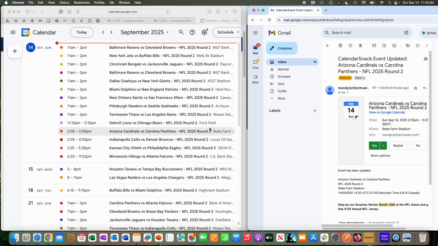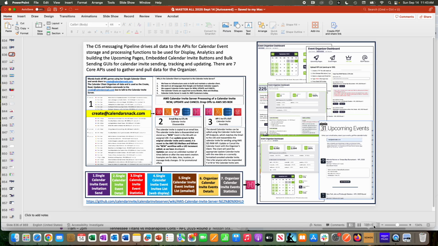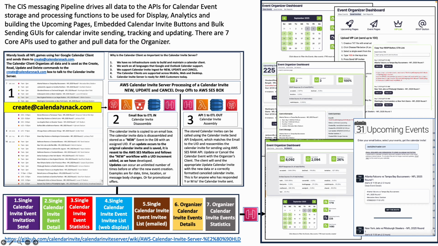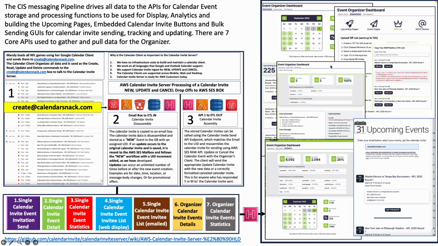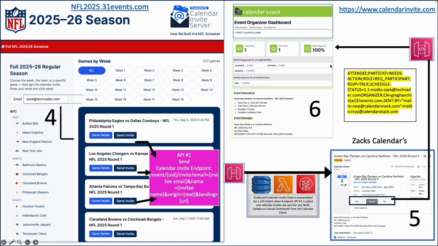And because Mandy is talking to this service right here, Mandy's calendar client is talking to this service right here, it keeps all the data in parallel and basically is following the good, bad, and ugly of how create, read, update, and delete work. So essentially, this calendar client of hers becomes the interface for anything on the MiniSite, anything in the console, and then anything downstream which has been sent off the MiniSite itself using API 1.